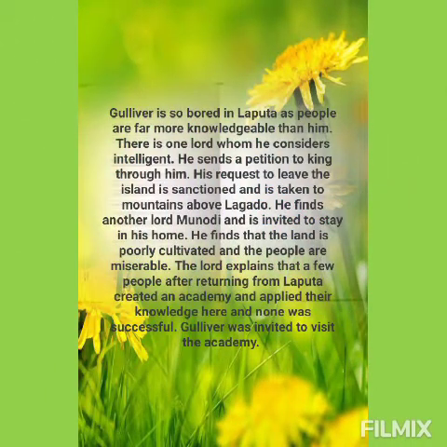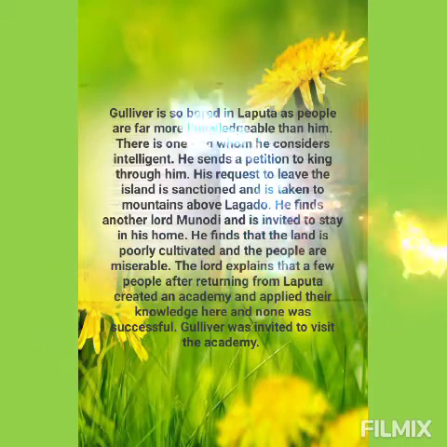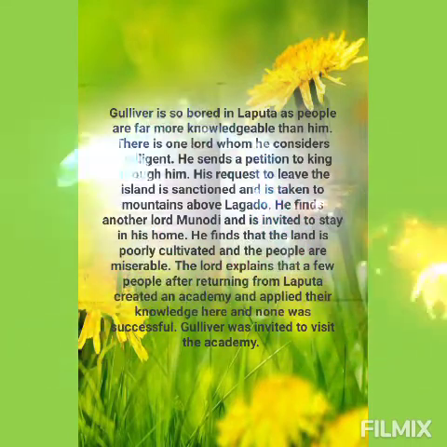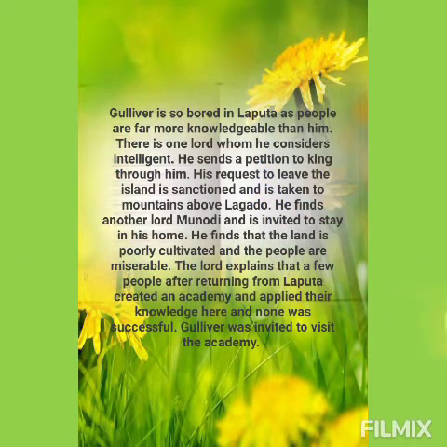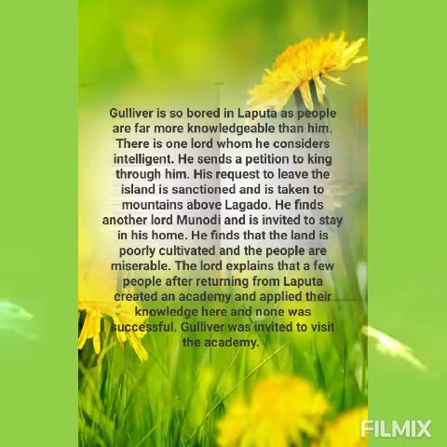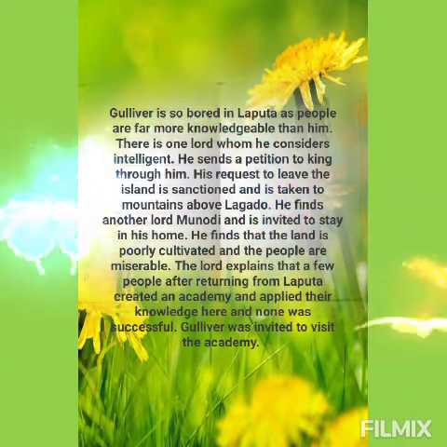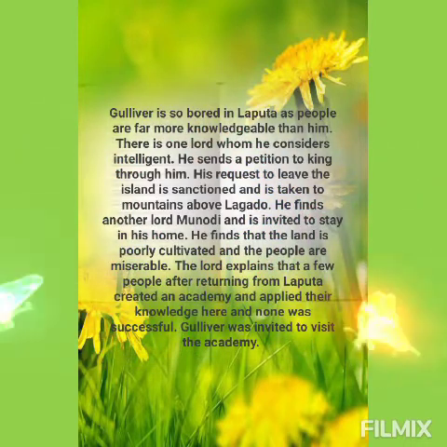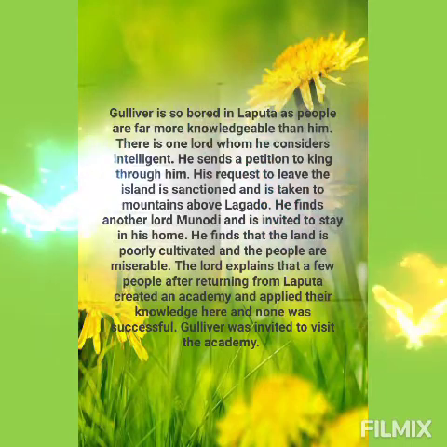Gulliver is so bored in Laputa as people are far more knowledgeable than him. There is one lord whom he considers intelligent. He sends a petition to the king through him. His request to leave the island is sanctioned and he is taken to the mountains above Lagado. He finds another lord, Munodi, and is invited to stay in his home.